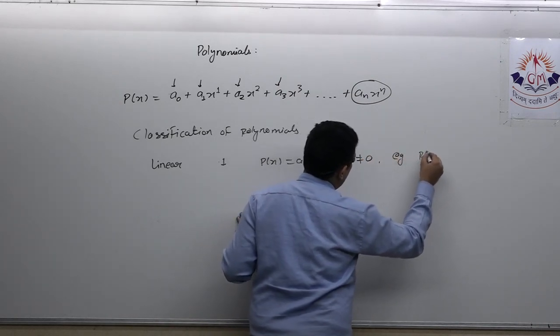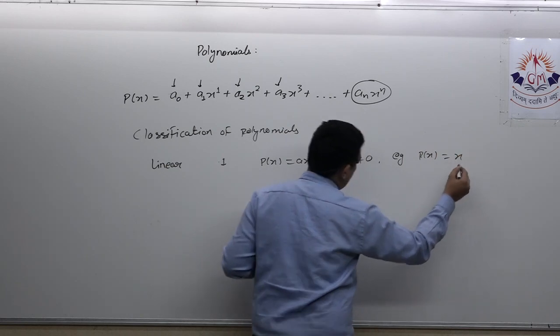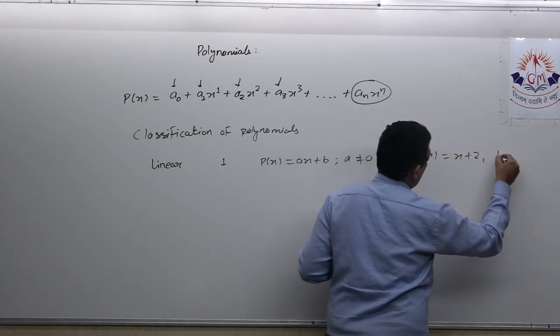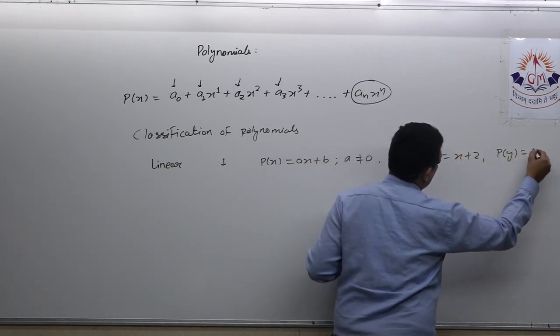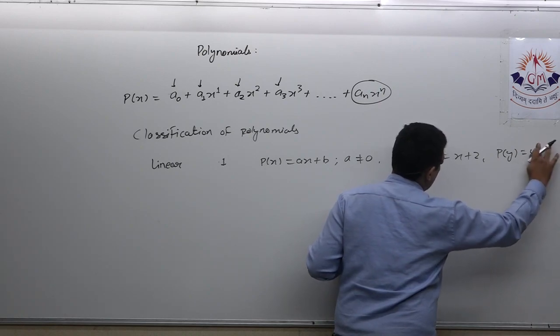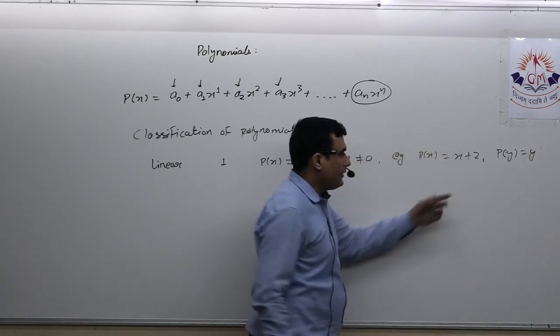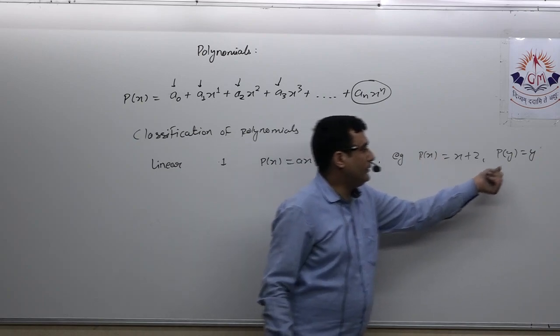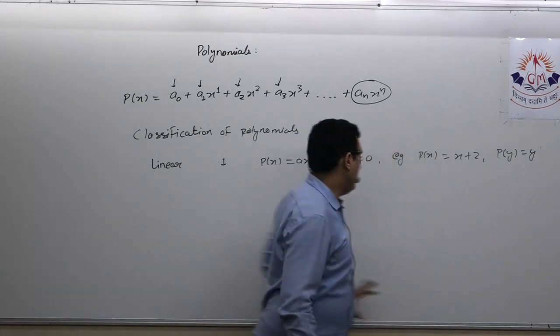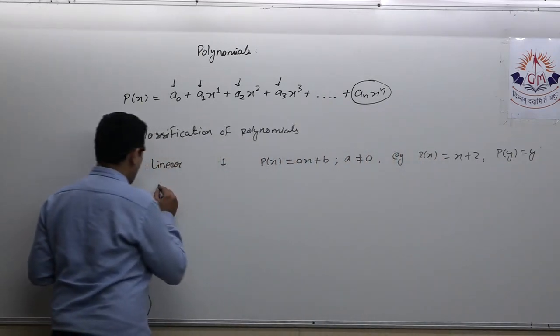Example, I can say p(x) is equal to x plus 2 or p(y) is equal to y. So this I can say is a linear binomial. This is a linear monomial.